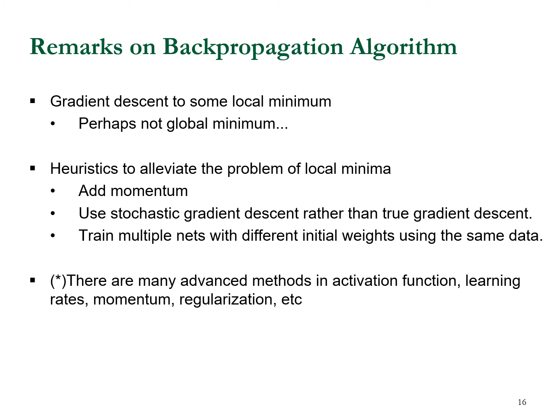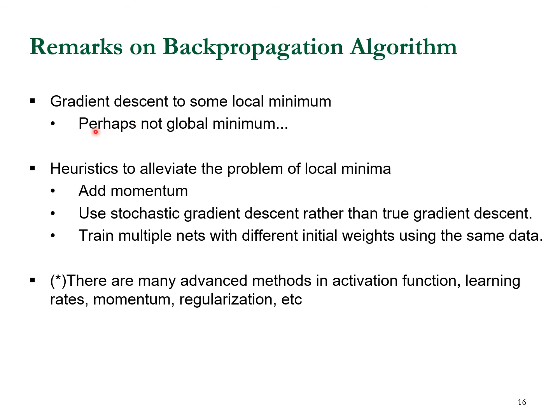These are some remarks on the backpropagation algorithm. Backpropagation is using gradient descent, and because of that, it may cause some local minimum problems, as we have seen in the previous slide.